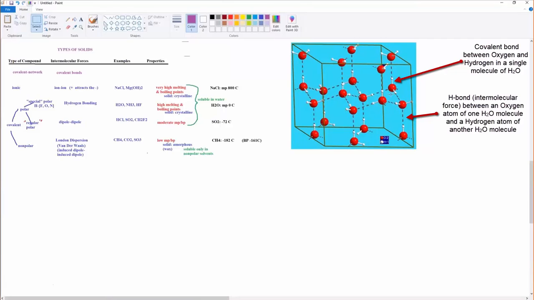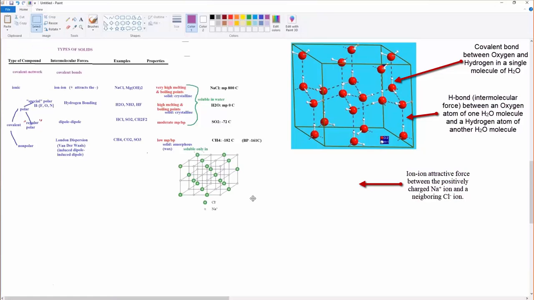To do this, they make these rings and pop open, and that's why water expands as it freezes: it's making space to maximize those intermolecular forces. Also note that it's 6-sided. That's why snowflakes have 6 sides. Isn't it cool?